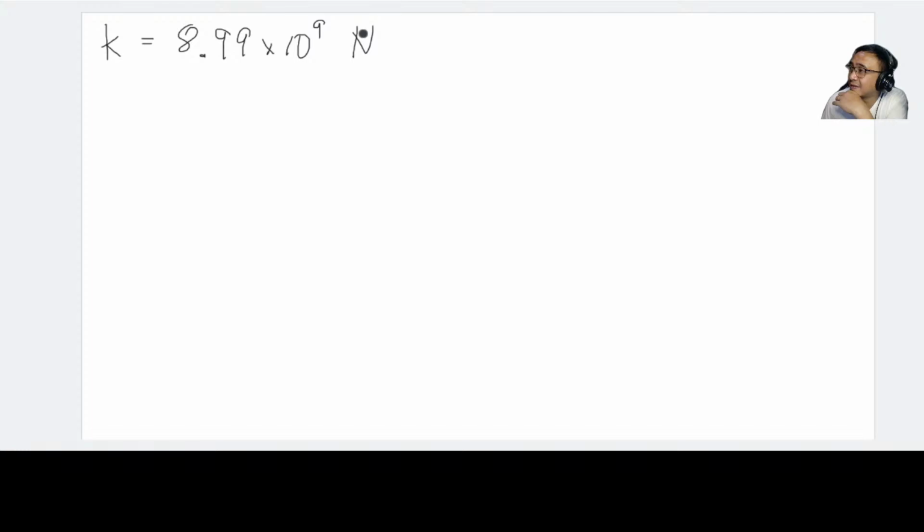This number is not really random. Let me put the unit in real quick: newton meter squared per coulomb squared. Now, this is not random because this is actually equal to 1 over 4 pi times a constant epsilon 0.